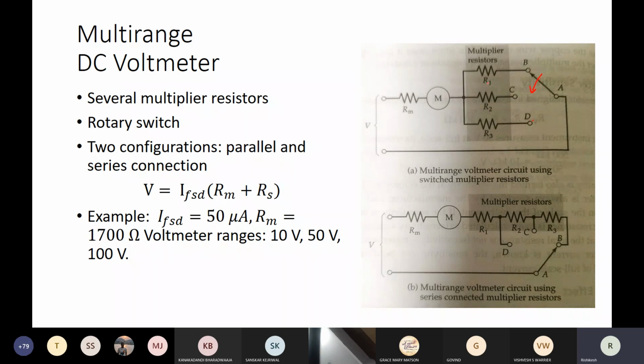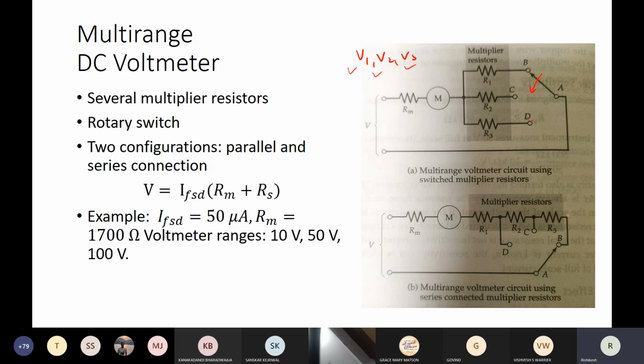Okay, so in the case of parallel, we know that individual resistances can be calculated. So there will be three ranges: V1, V2, and V3. For each, you calculate R1, R2, and R3, and connect it in parallel, and use a rotary switch to choose one of them to choose the range V1, V2, or V3. Right. The other option one has is connecting the three resistances in series.